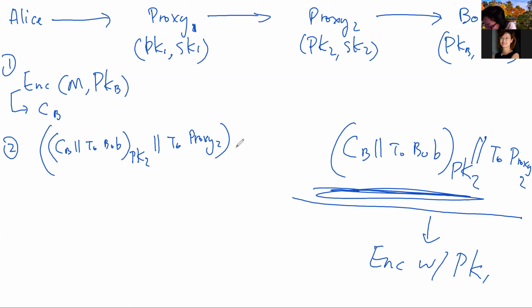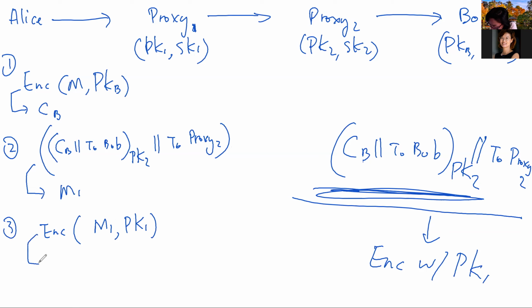And then let's just call it message 1 and then encrypt message 1 with proxy 1's public key. Okay, and this is C1.